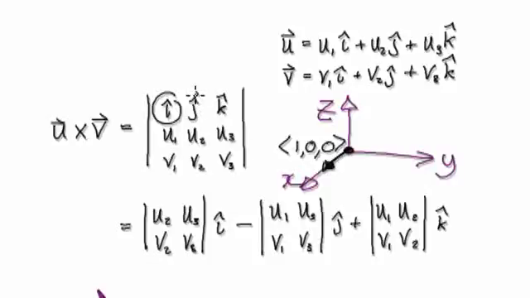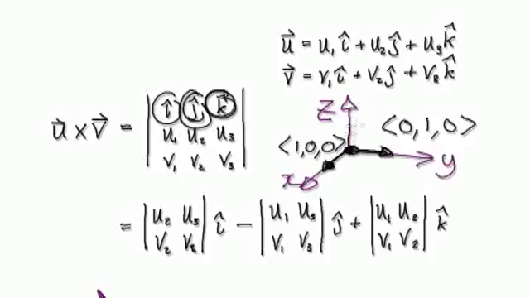And when you think of j, it will be this in the y direction, and it's of length 1. So think of this arrow in your mind, and it will be 0, 1, 0. And when you think about this k hat, it will be this unit vector. In your mind, visualize this small arrow here, and it will be 0, 0, 1.